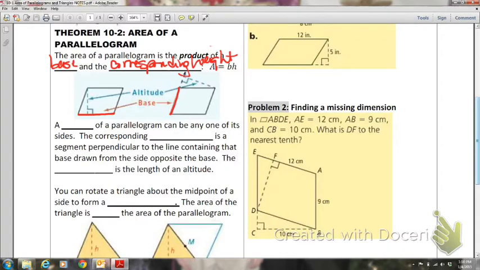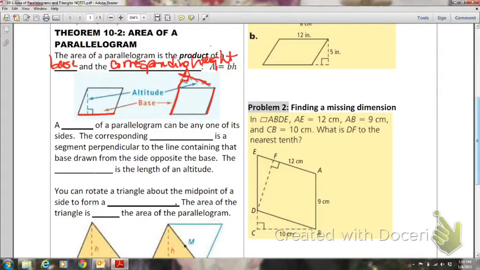So once you decide what your base is going to be, the height is going to be the perpendicular distance from that base to its opposite side. So that's why in this particular one on the right, the opposite side, in order to get perpendicular to that opposite side, it had to be extended, and then it could be perpendicular.